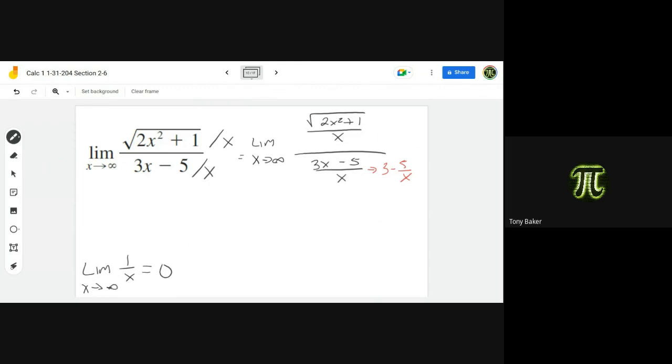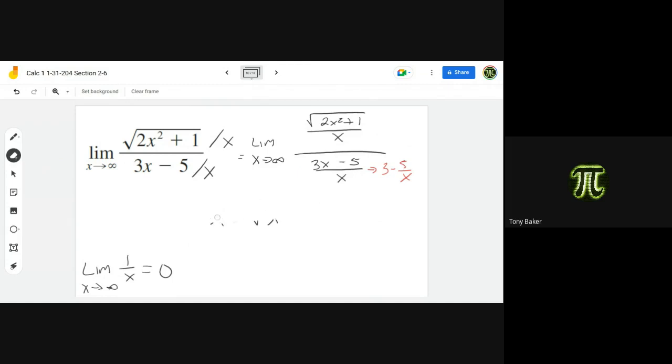Can I somehow put that x inside the square root? You multiply by the square root of x squared. Is that true? I didn't change anything, right? That's literally just the exact same thing.